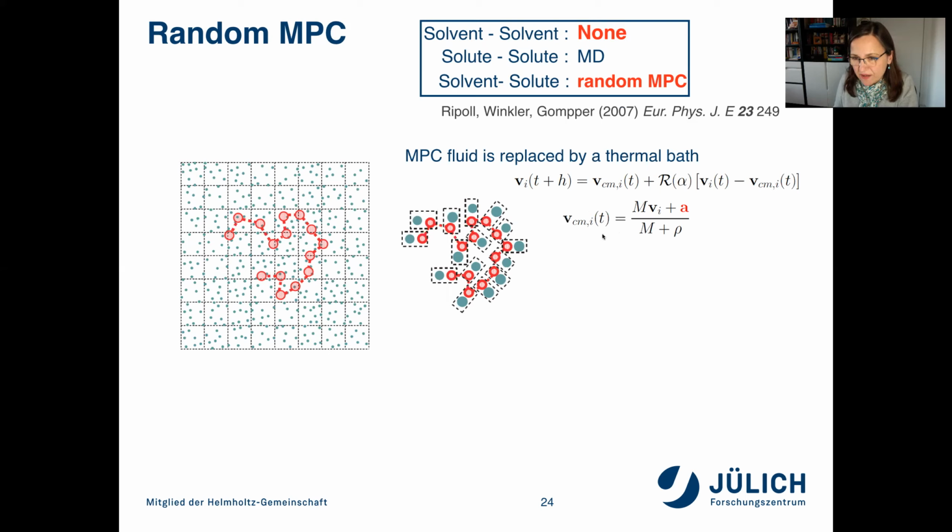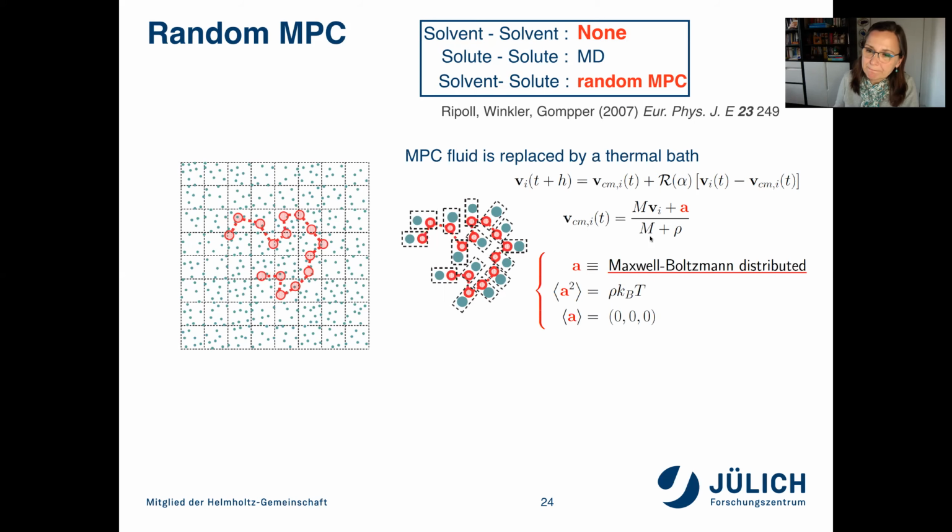So we can calculate the velocity of the center of mass, similar to what we have seen with the virtual particles and the walls, by picking Maxwell-Boltzmann distributed numbers with the same density, temperature, and average velocity as the bulk, and we just put it here and we perform the same MPC simulation.